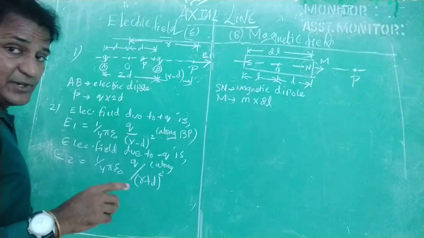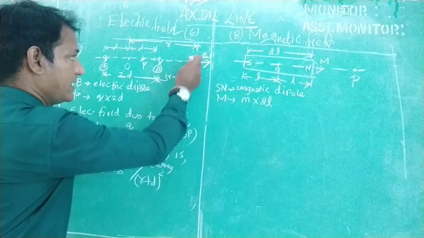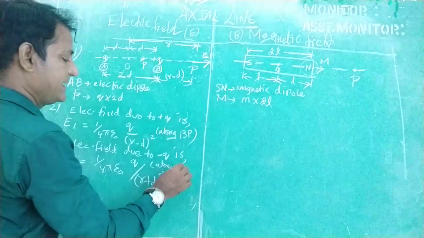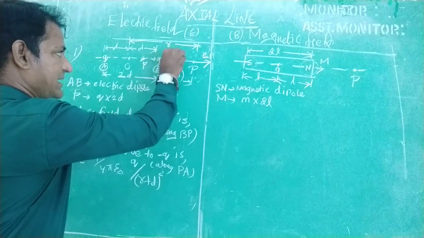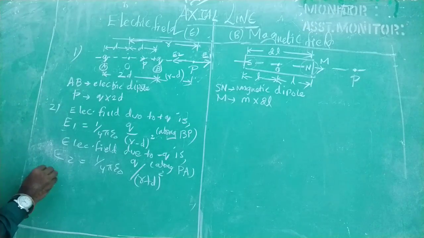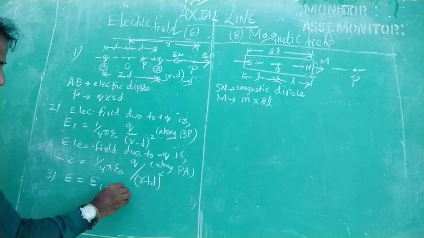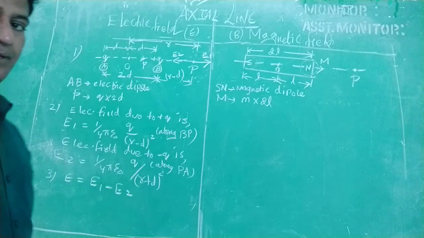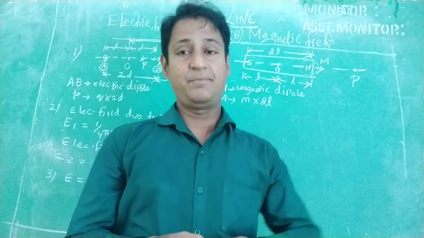If it is minus Q, surely the electric field will be acting towards it. So this is the direction of the electric field E2. Here the resultant electric field is equal to E1 minus E2. Always remember, the electric field due to plus Q is greater than the electric field due to minus Q.